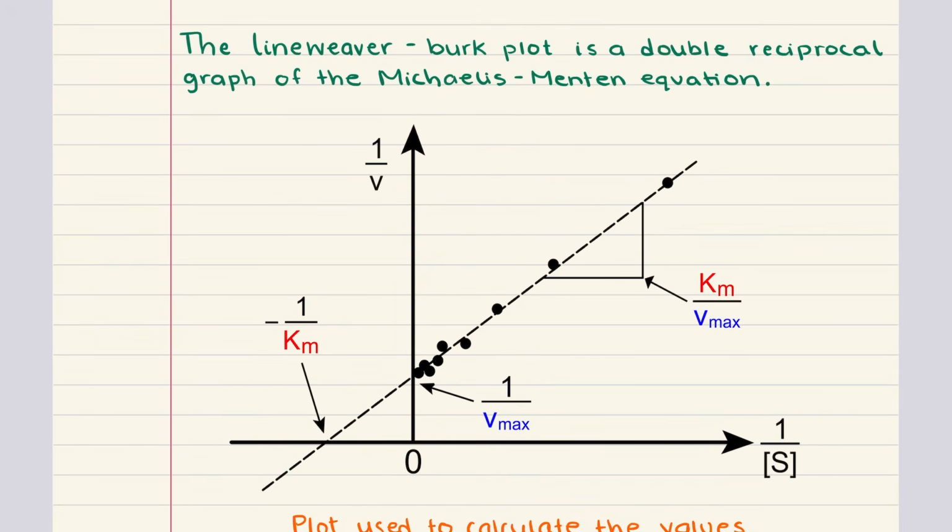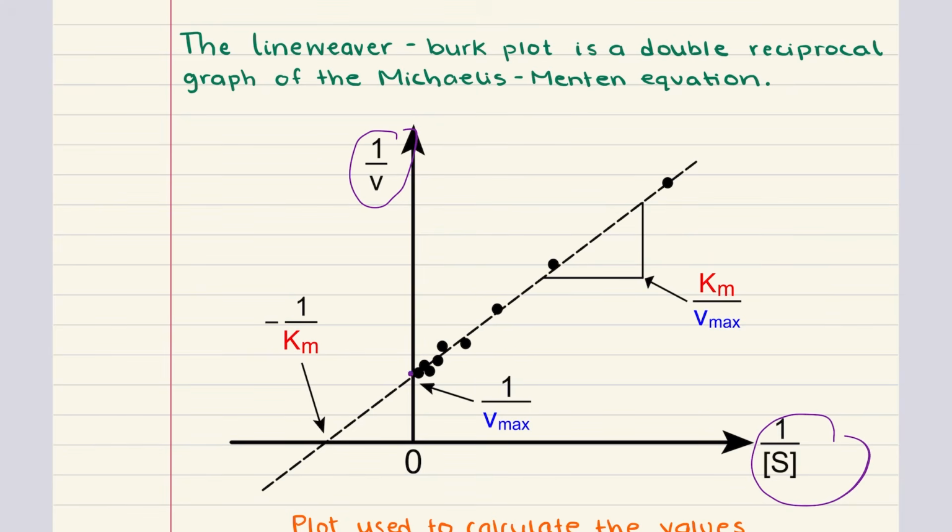What that means is instead of plotting reaction rate versus substrate concentration, we take the inverse of both. So specifically, we plot 1 over velocity on the y-axis and 1 over substrate concentration on the x-axis. This turns the hyperbolic Michaelis-Menten curve into a straight line, which makes it easier to extract key values.